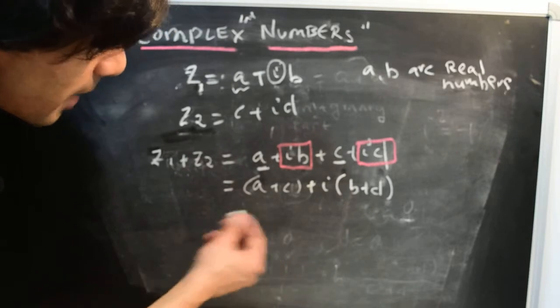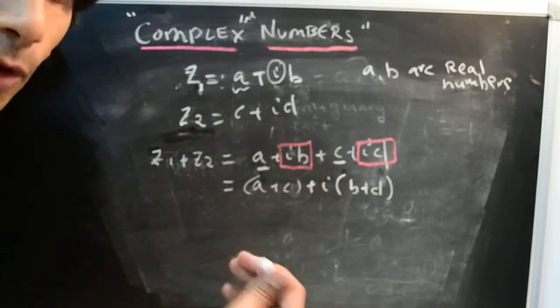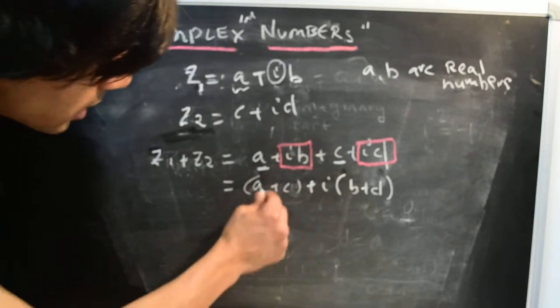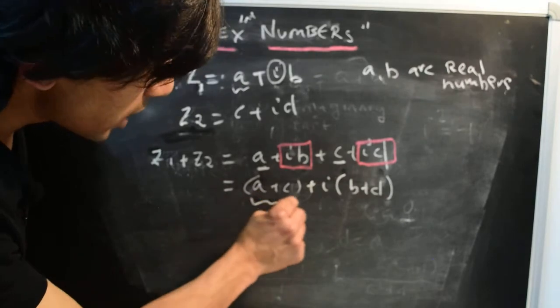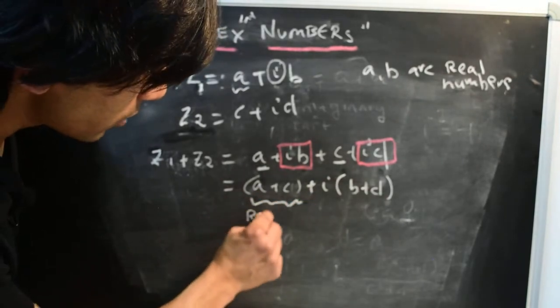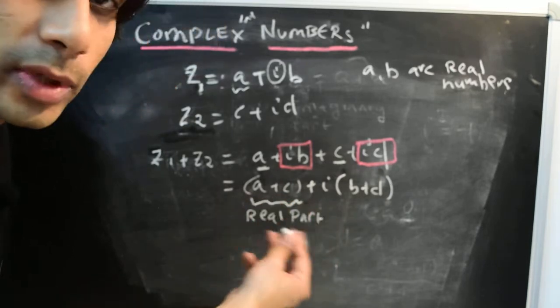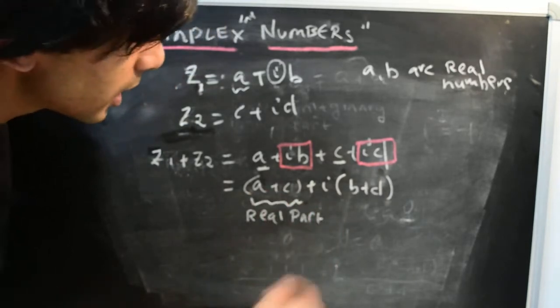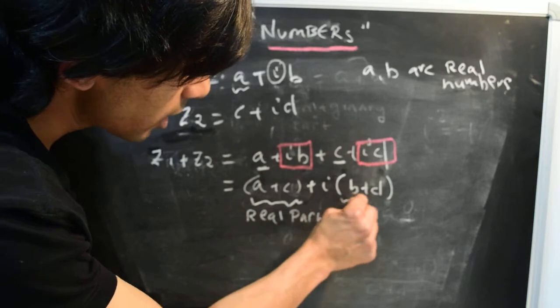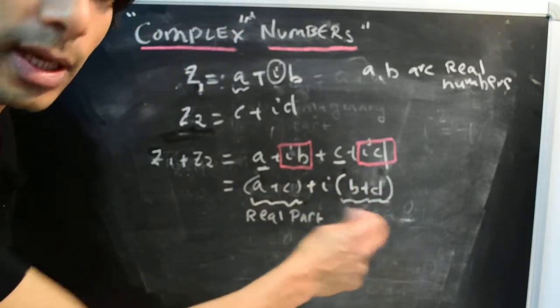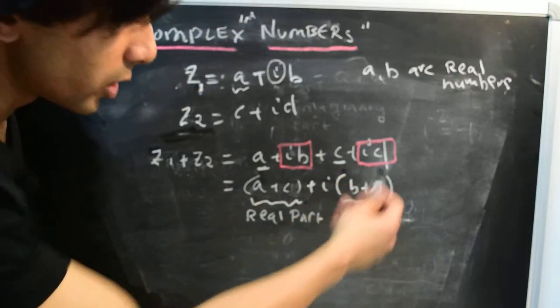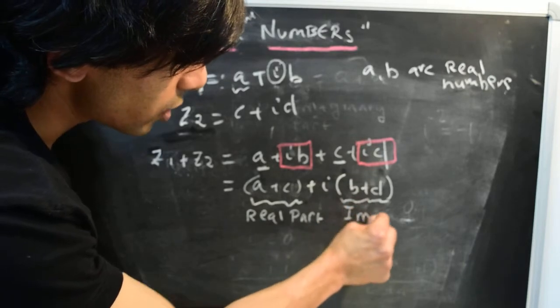And notice what happens if we make this definition for addition of complex numbers. We again have an object that looks like it has a real part, which is a plus c, which is the sum of two real numbers, so it is also a real number. And then it has an imaginary part, which is b plus d, and b and d are both real numbers, so this is also a real number, so this is the imaginary part.